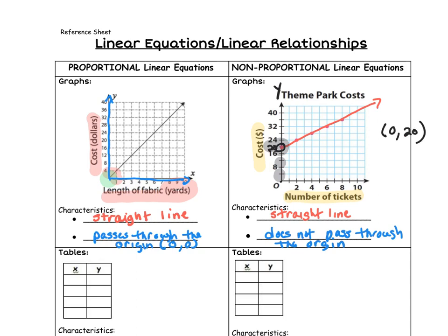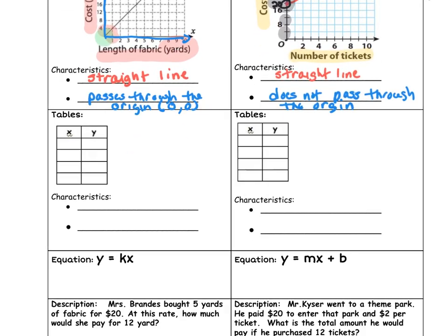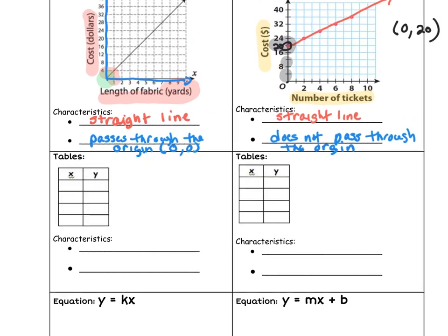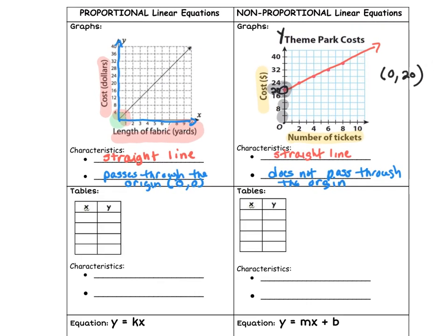So now let's investigate what it looks like to have a proportional and non-proportional table. In fact, I'm going to try to move this so we can see the graph. There's a relationship between the graph and the table. In fact, if I have the graph, I can make the table and vice versa.